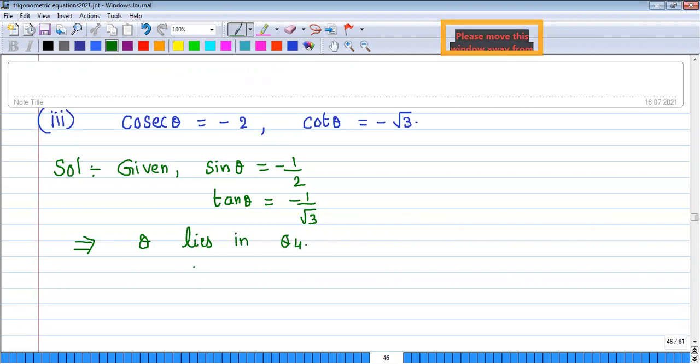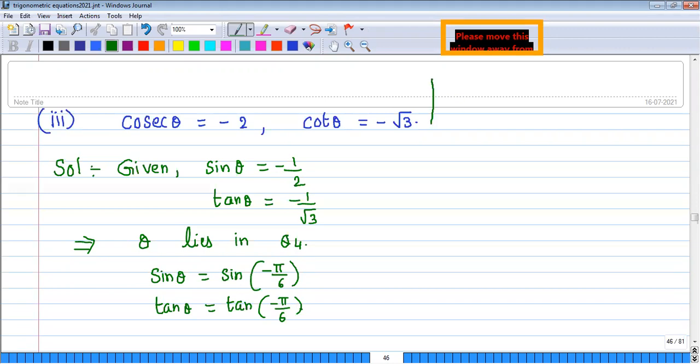Okay. So now we can write sine theta equals sine of minus pi by 6, because sine of minus 30 is minus 1 upon 2. Obviously, tan theta we can write as tan of minus pi by 6.